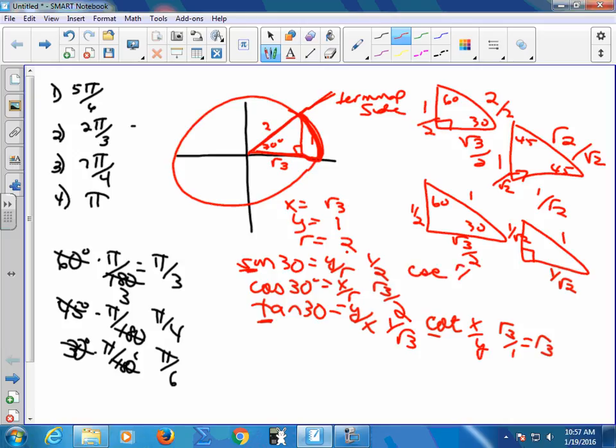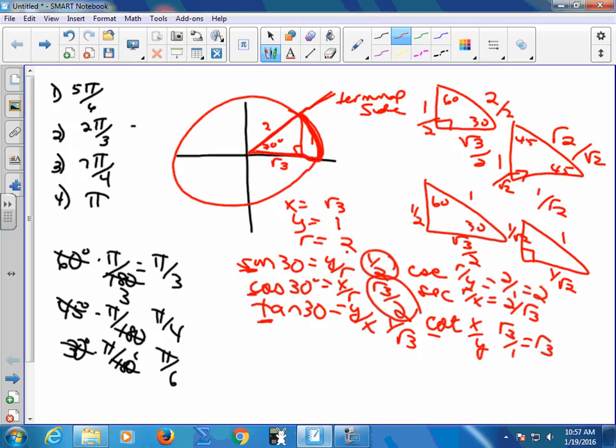That's r over y, but all we have to do is flip this over: 2 over 1, or 2. A cosine becomes a secant, r over x; we just take this and flip it over. So once we found our 3 basic ones, we can find any of the other ones.